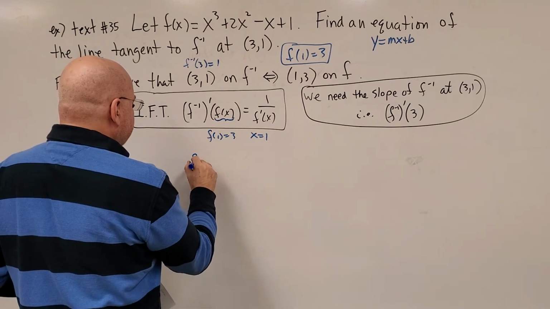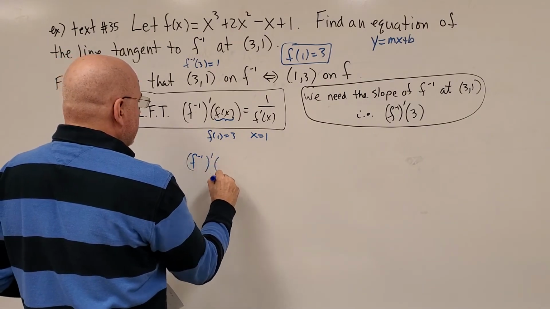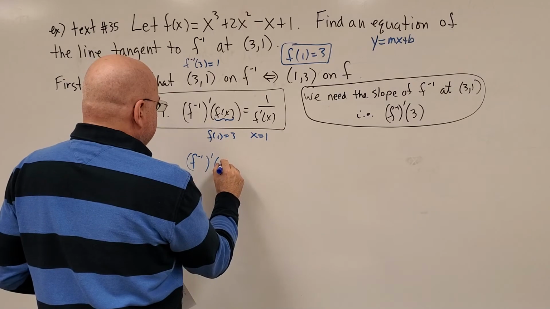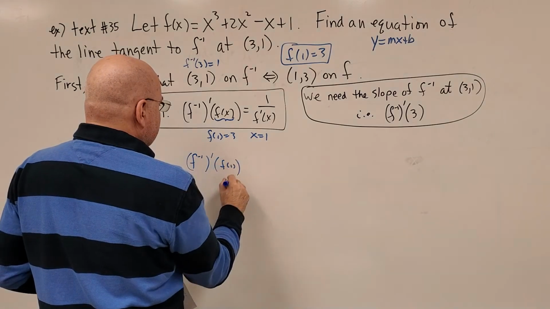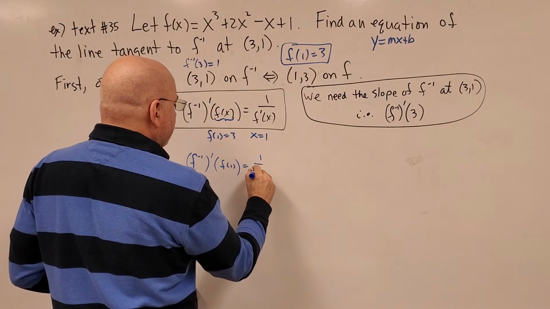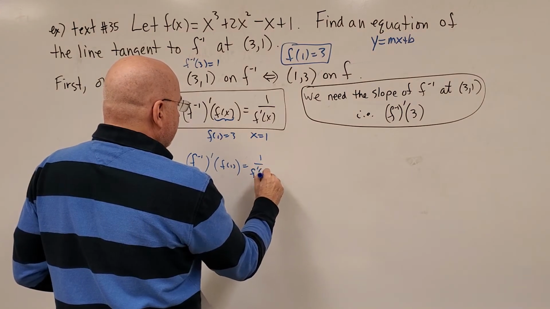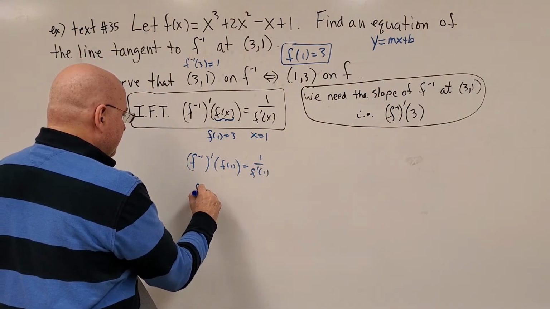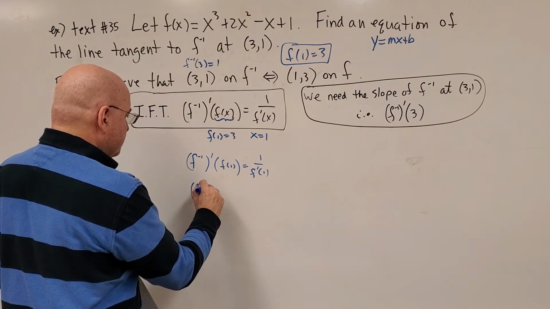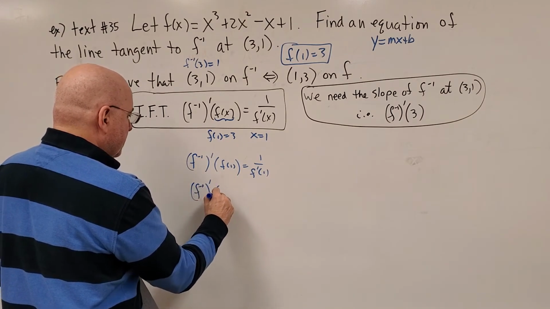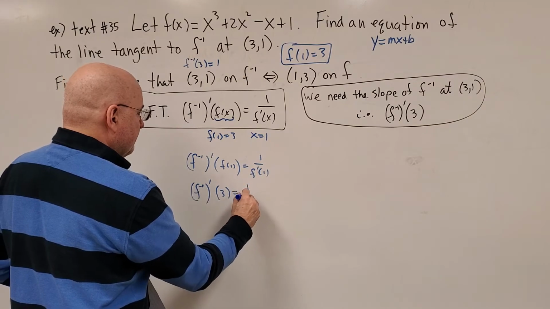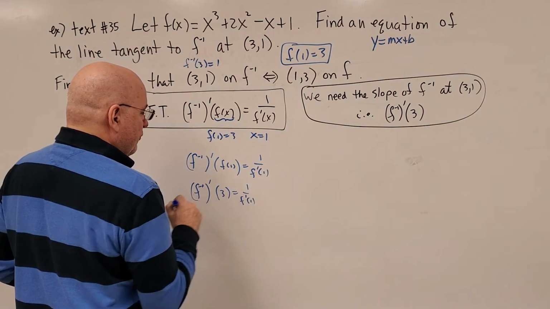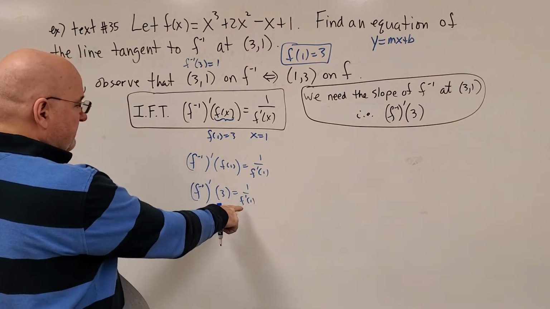And we would get f inverse prime of, maybe first I'll write it like f of 1 is equal to 1 over f prime of 1. But f of 1 is 3, so f inverse prime of 3 is equal to 1 over f prime of 1. So let's compute f prime.